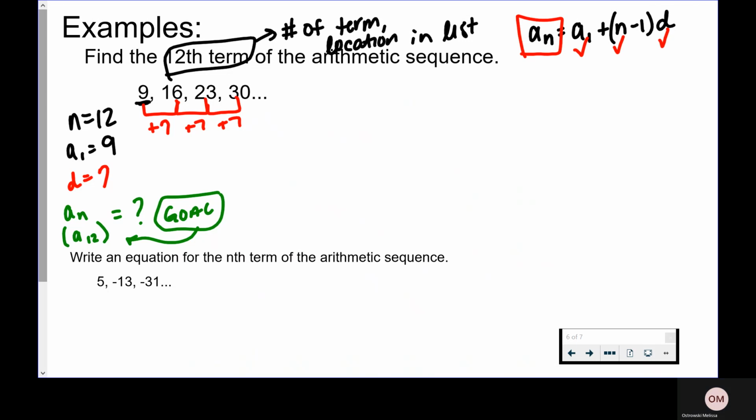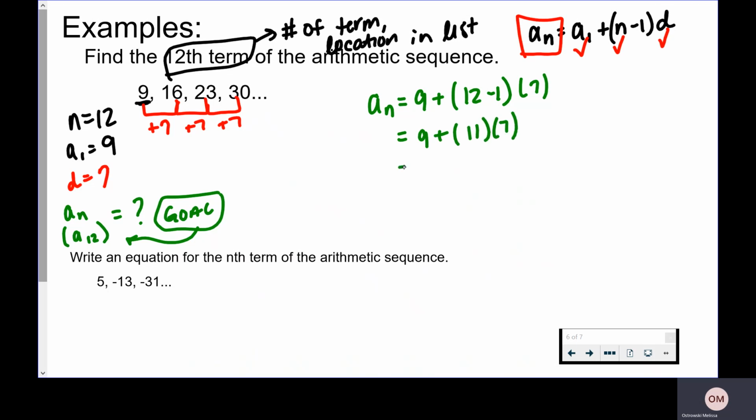So I'm just going to plug everything into my equation. a sub n is equal to a sub 1, 9, plus n minus 1, 12 minus 1, times d, 7. 9 plus 11 times 7. Careful with your order of operations here. 9 plus 77, 86. Again, I know I'm going quick. This is a recording. Pause it. Work at your own pace.